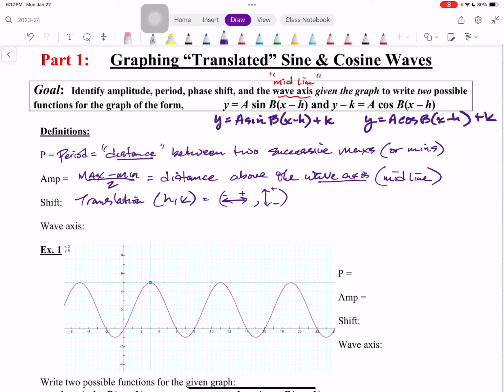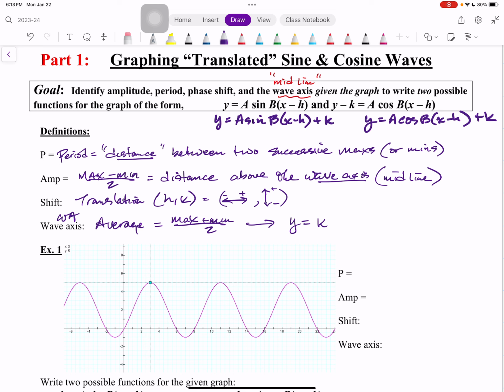And your wave axis, WA for short, is the average of the max and min. The way you find an average is you add them up, so it's the max plus the min, and then you divide by 2 because you're taking an average. This always happens to be the k value in your translation. So it's equivalent to y equals k, as we're going to see.